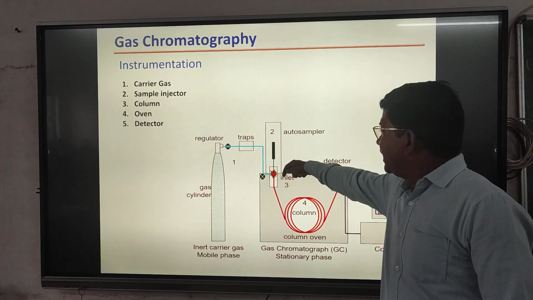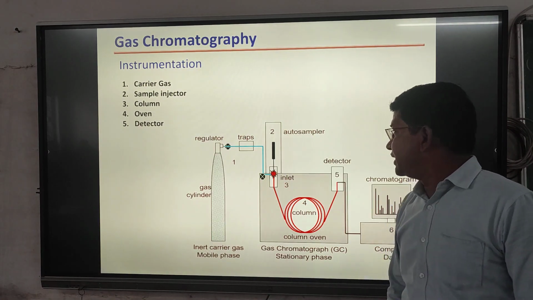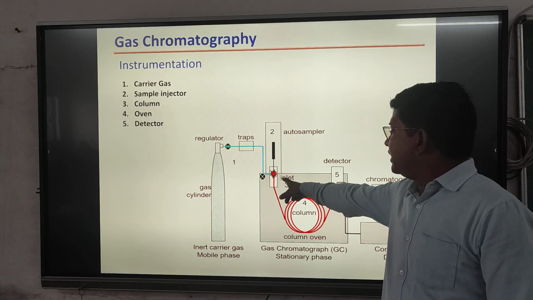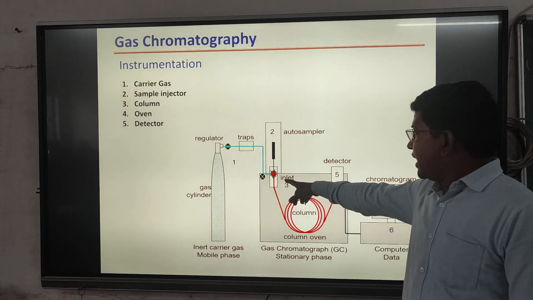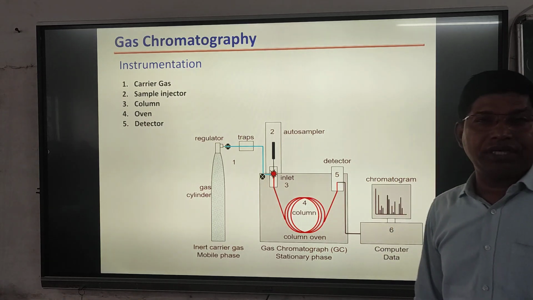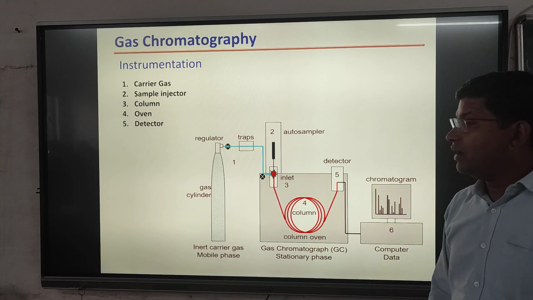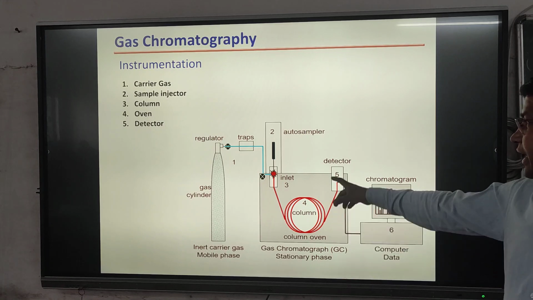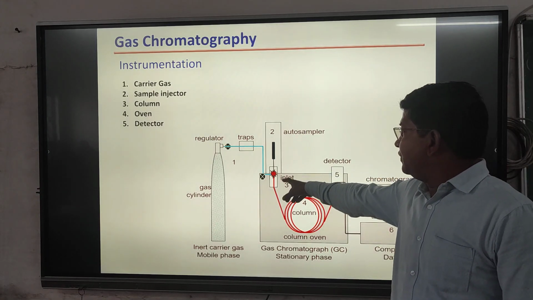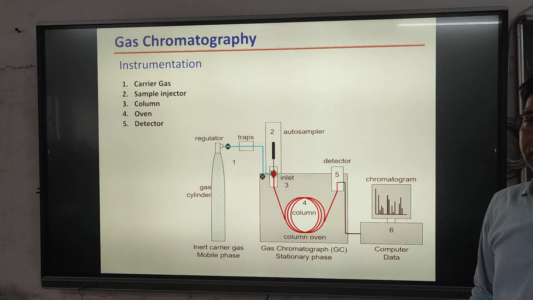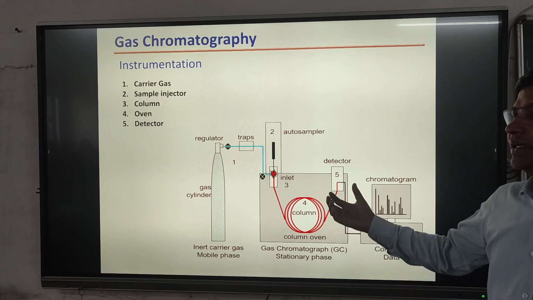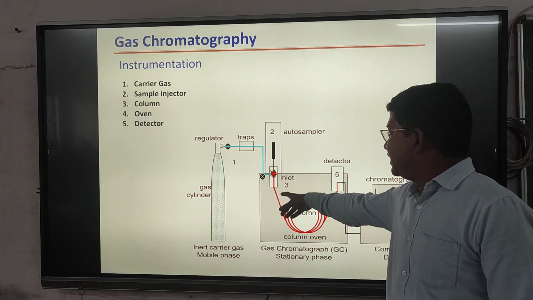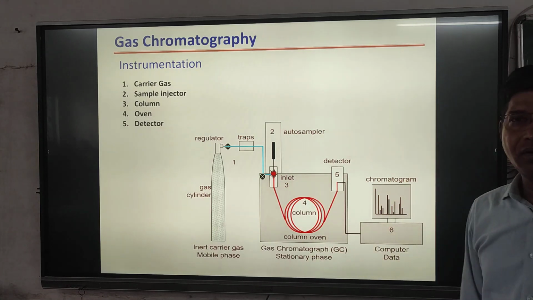Then that liquid sample is injected into the sample injector, which has a temperature of about 50 to 150 centigrade. When you increase the temperature, the compounds get vaporized and become volatile into the column.